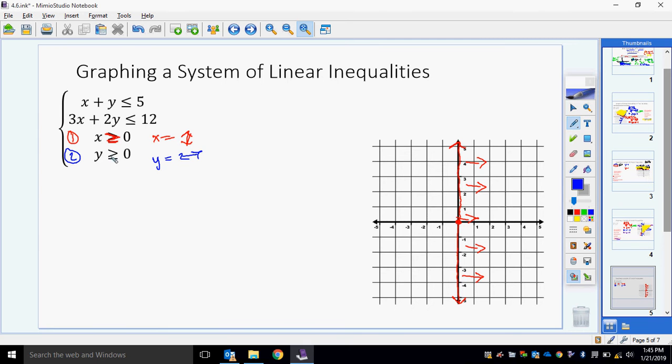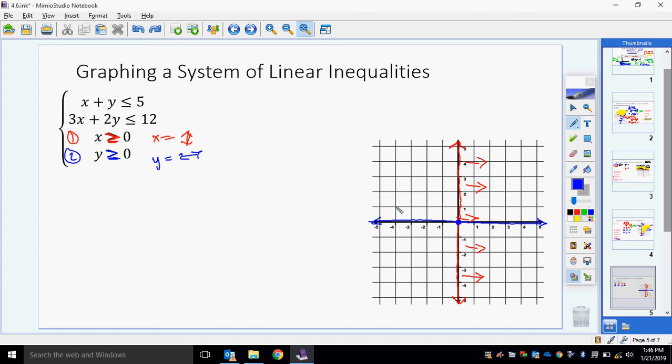And when it's y equals 0, it's crossing the y-axis at 0. And again, it's a solid line, and it's y equals, so it's horizontal. And I know that y is greater than 0, so these y's up here are greater than these y's down here.